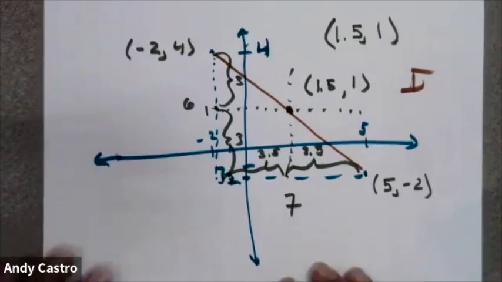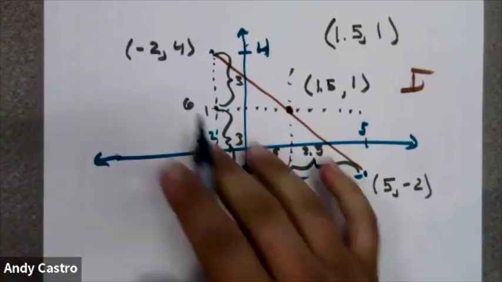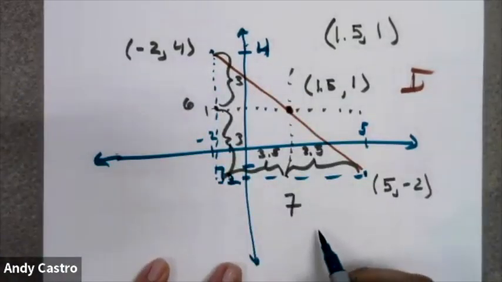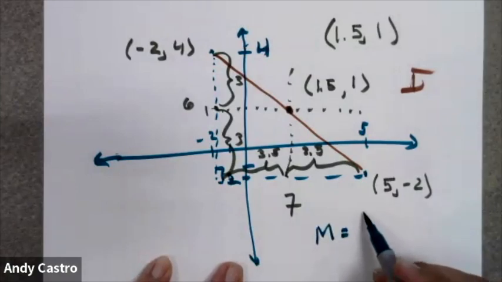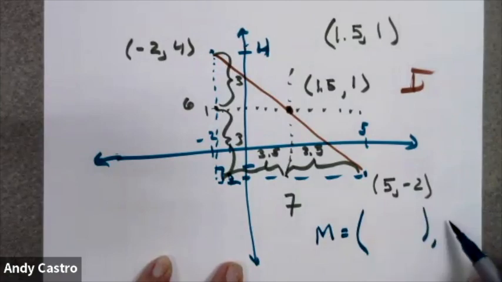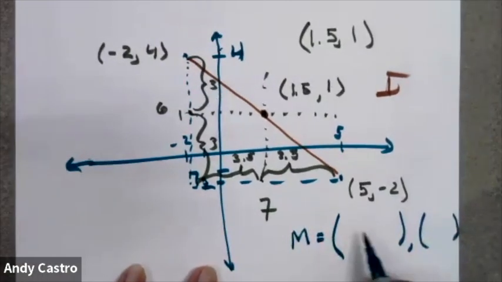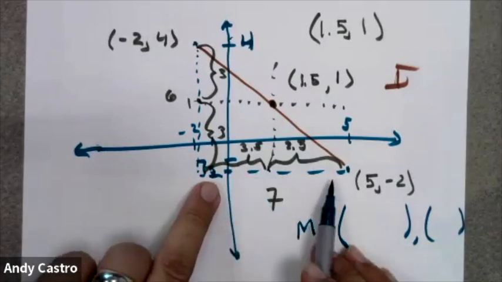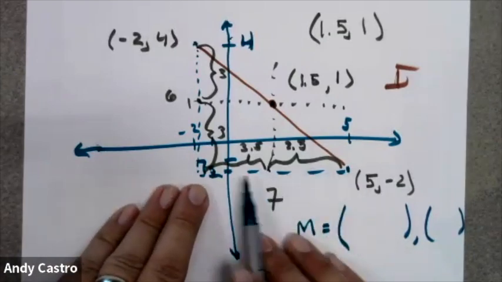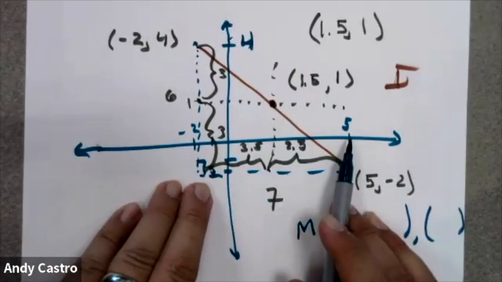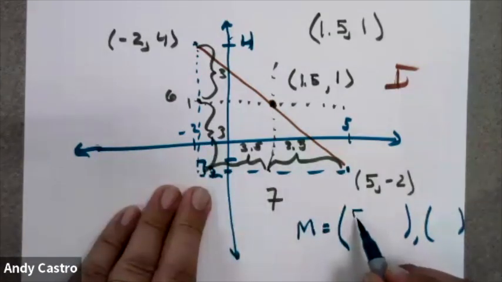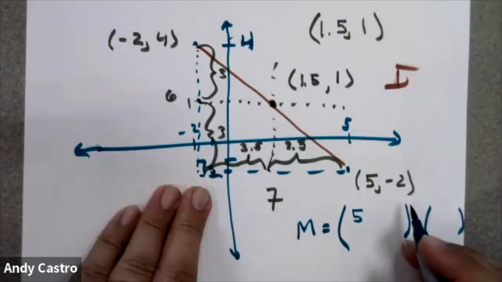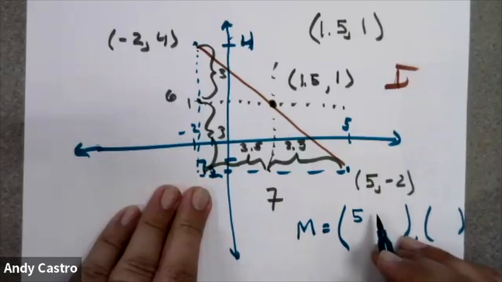All right. You can look at this in terms of an equation too. If we look at what we just did, the midpoint, we could say this is x and y. And what we did here was we took the difference of our two x's. Our x's here are 5 and -2. Is it the difference? Let me think about this.